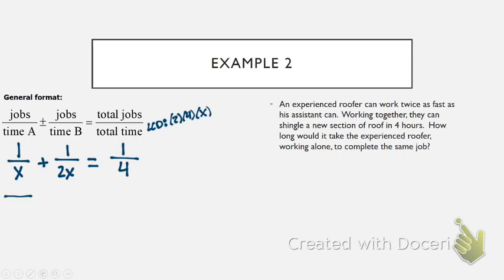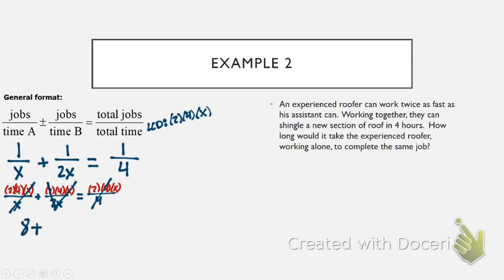So again, we write my LCD on every fraction. So 2, 4, and X, plus 2, 4, and X, equals 2, 4, and X. So now the X cancels, the 2 and the X cancel, and the 4 cancel.